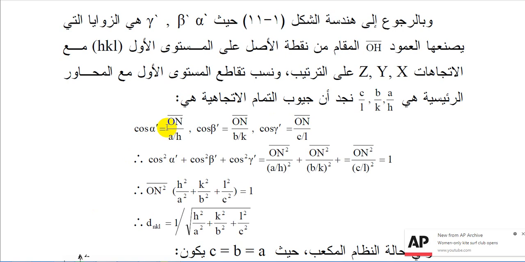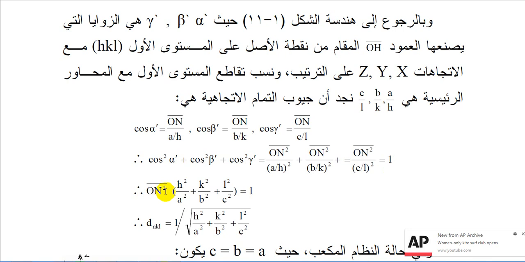Cosine alpha dash equals ON over the intercept, and likewise cosine beta dash and cosine gamma dash. Cosine squared alpha dash plus cosine squared beta dash plus cosine squared gamma dash equals 1, the golden trigonometric rule.